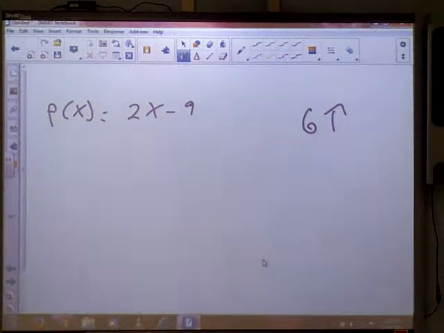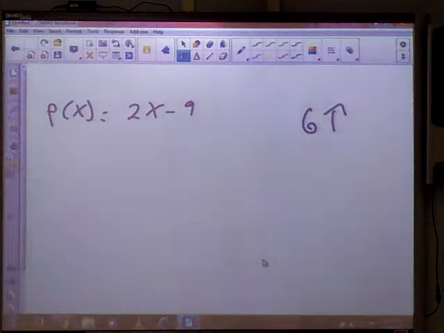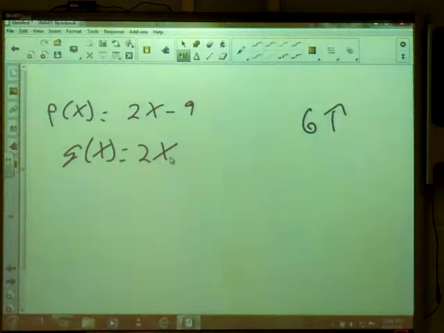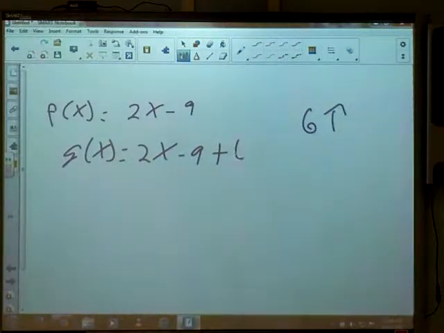It's vertical, like your vertical leap, you jump up, so it's vertical. When I go up vertically, does it do the opposite sign or the right sign? Right. Correct, the right sign. So if I want to go up 6, I'm just going to add 6. Okay, so I'm going to say g of x is equal to 2x minus 9 plus 6. And then simplify.